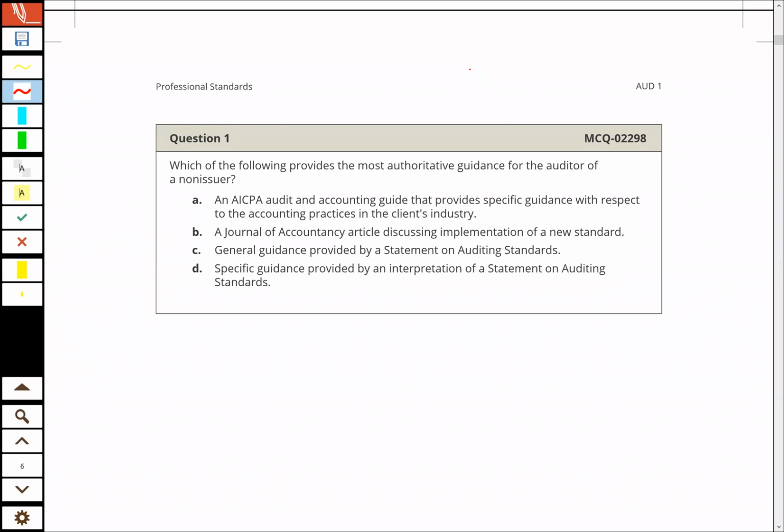So you can go ahead and choose the one that you think is best here. And if it's blocking your screen, you can just move that over if you can't see the question. You have to control that on your end, just scoot it over so you can see the question.